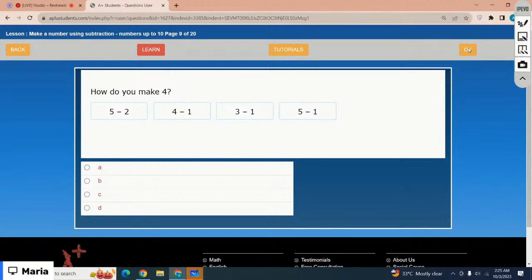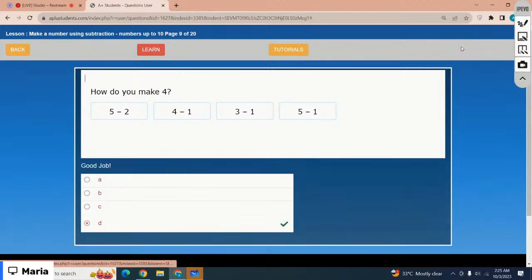The correct option is the last option. Very good. 5 take away 1 is the correct option. That is the only option that makes 4, right?